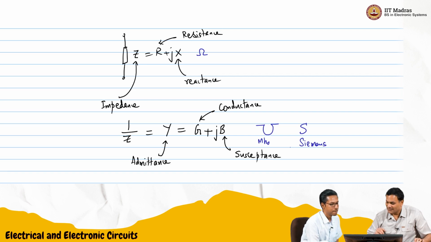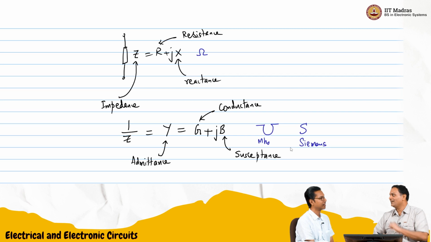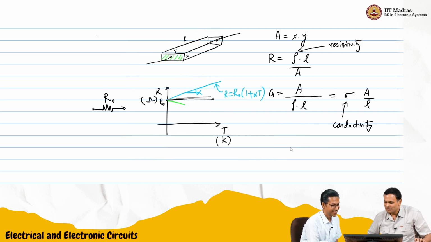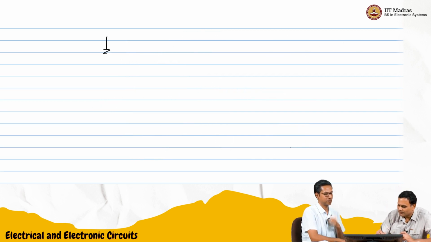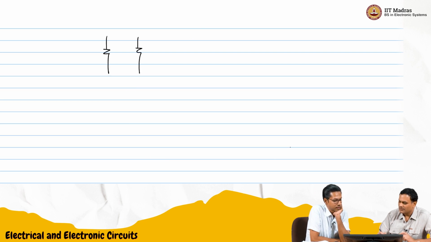Let's look at the series and parallel that we did a long time ago. If you look at two resistors, R1 and R2, suppose we put them in series.